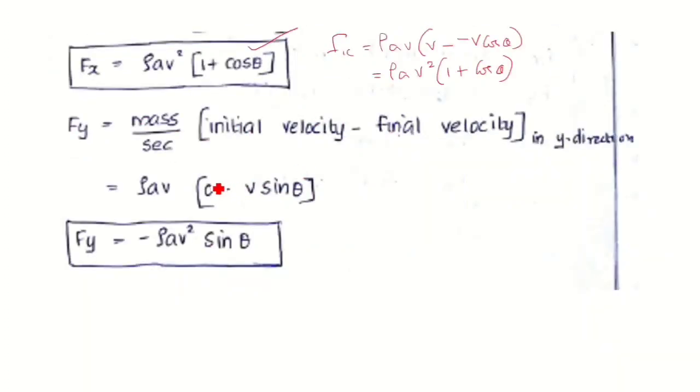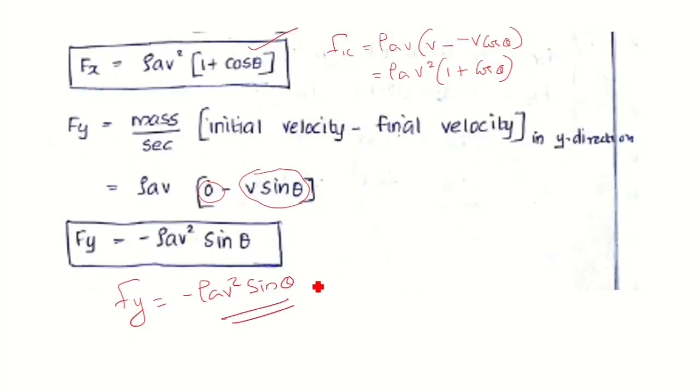So the initial velocity in the y direction is 0, and the final velocity in the y direction is v sine theta. So the equation becomes F of y is equal to minus rho a v square sine theta.